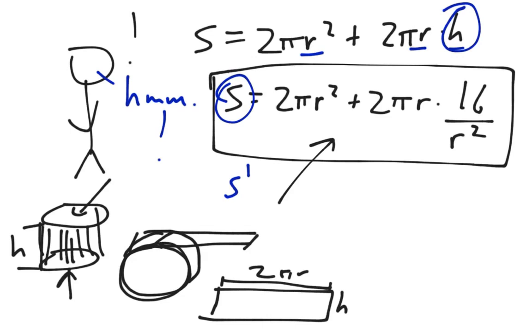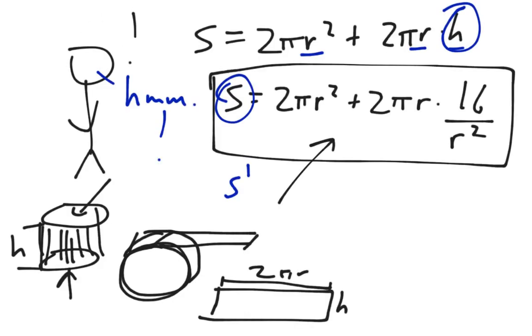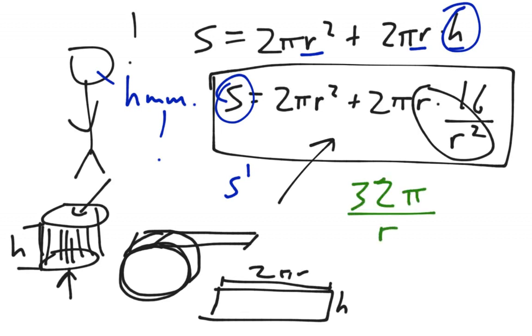Let's do it. S prime equals 4 pi r. And then if we simplify that other term, let's do that first, because I don't want to use the product or quotient rule. So let's simplify the r's, because one of them is going to cancel. We'll get 2 pi, and actually 2 times 16 is 32 pi, divided by r.